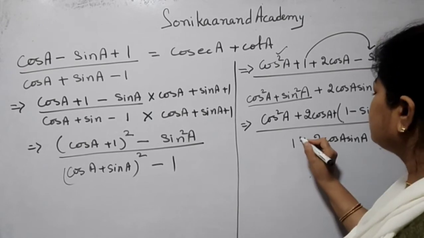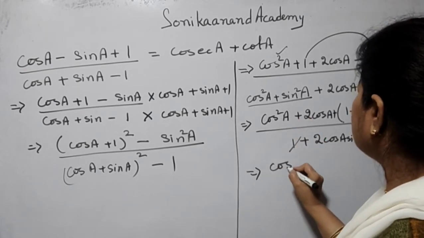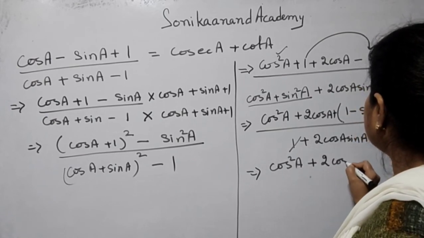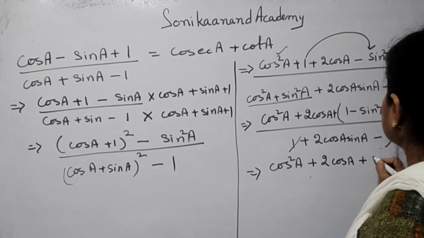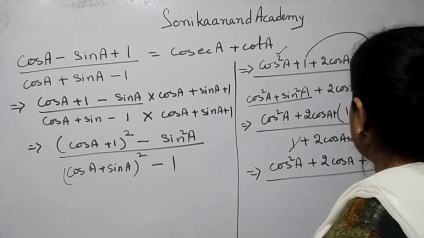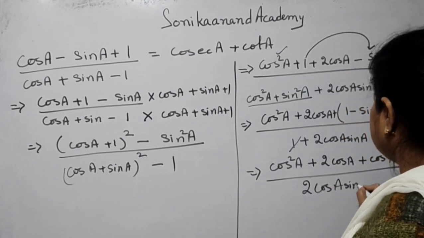So it gets cancelled. So what do we have? Cos square a plus 2 cos a plus cos square a. Here we get 2 cos a sin a.